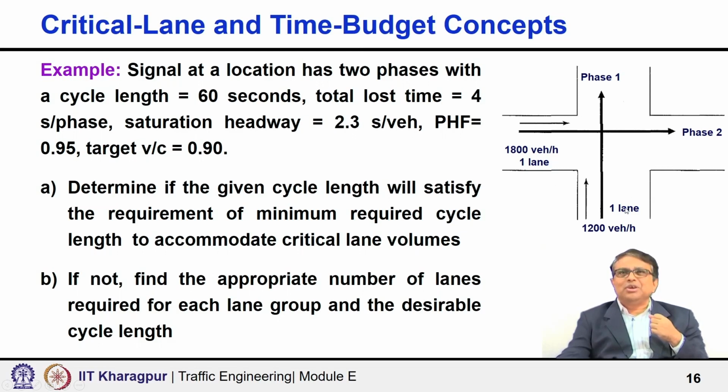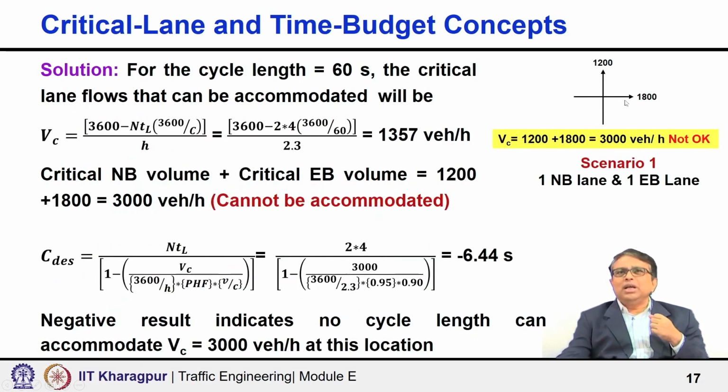It was given here, also reproduced here, 1800 plus 1200, 3000 vehicles per hour, whereas with the given cycle length, even if we consider the minimum required cycle length, we can handle a maximum of 1357 vehicles. So, it will not work. The critical northbound volume and critical eastbound volume together is 3000 vehicles, higher than V c. So, it cannot be accommodated. The first question is answered.